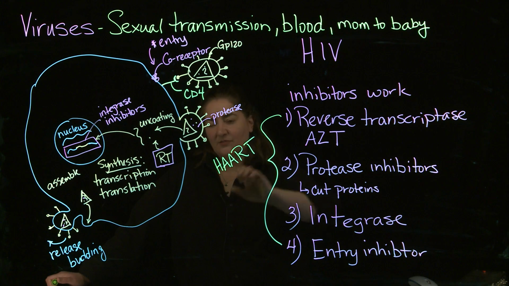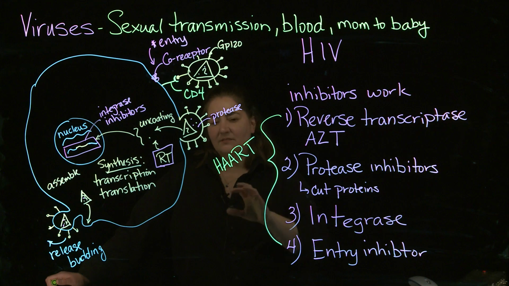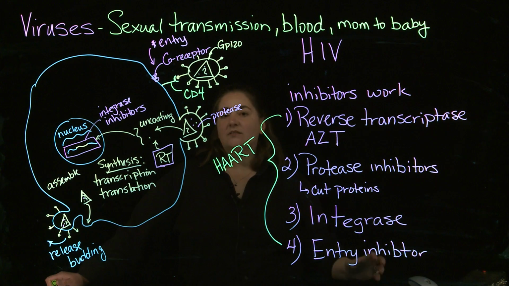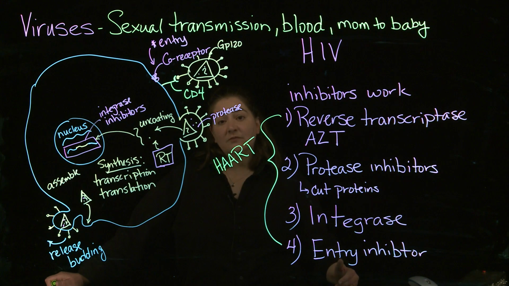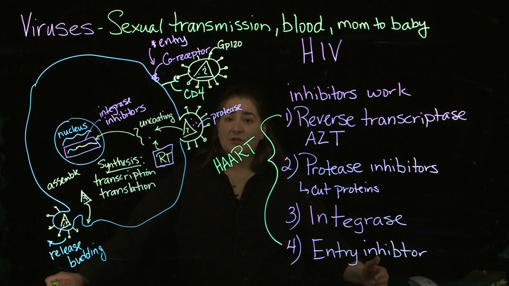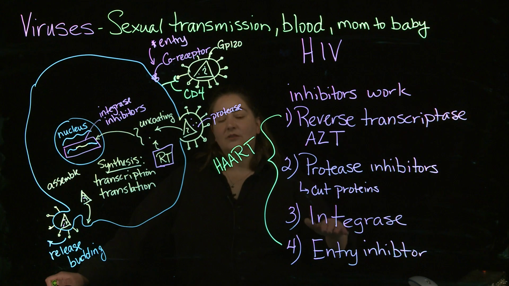That's what the HART stands for, I believe, or something along those lines, okay? Combining multiple drugs targets the virus and keeps viral load much lower. So in terms of infection with the HIV virus, the treatment option that's looking most promising is keeping viral loads low enough so that the person can live out a normal lifespan.